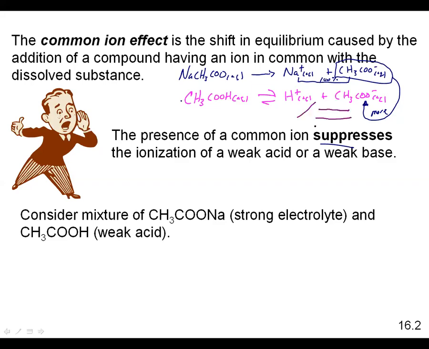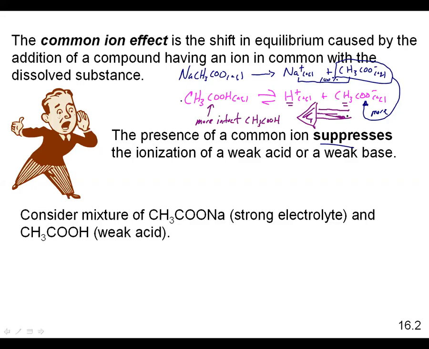I'll use a giant arrow. I don't know why. Just feel like it today. It's going to cause the equilibrium to shift to the left. And when it causes the equilibrium to shift to the left, that means what we will have is more of our intact acetic acid. And ionization or dissociation is when these acids break apart into their ions.